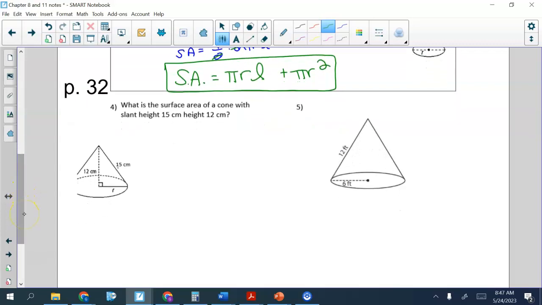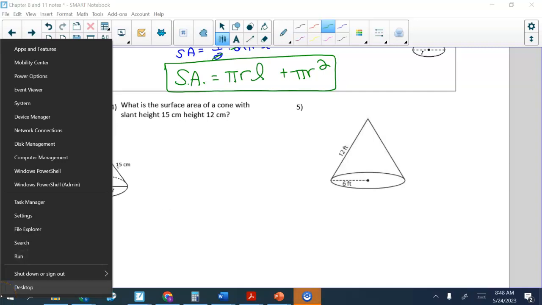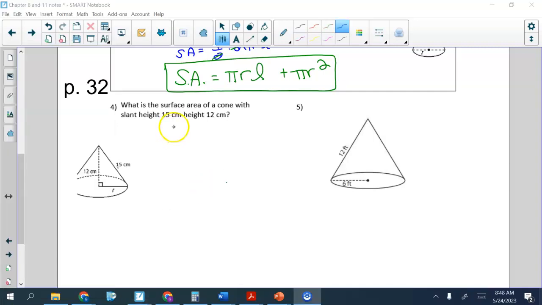All right, so let's try number 4. So surface area, pi RL plus pi R squared.